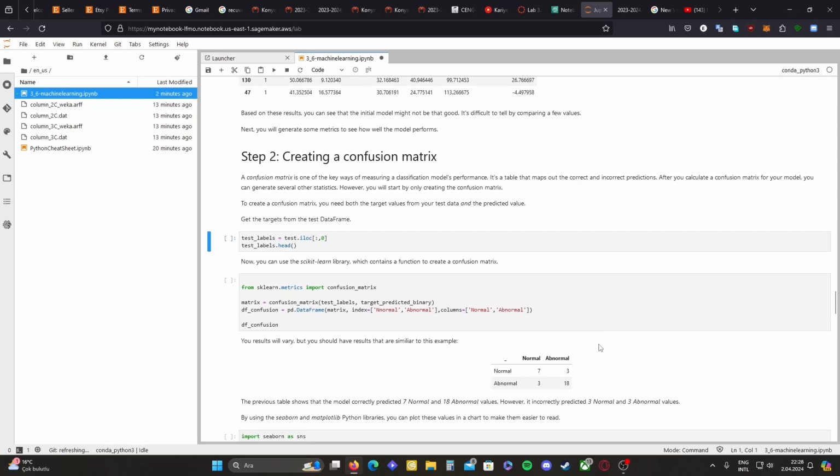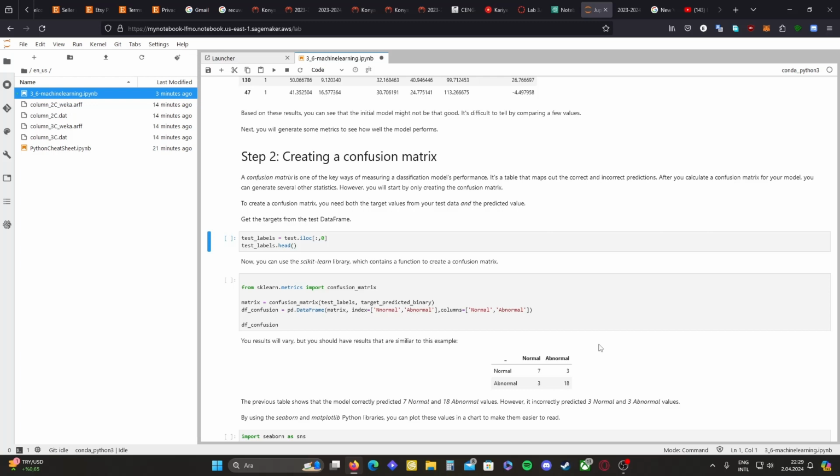Creating a confusion matrix. A confusion matrix is one of the key ways of measuring a classification model's performance. It's a table that maps out the correct and incorrect predictions. After we calculate a confusion matrix for our model, we can generate several other statistics. However, we'll start by only creating the confusion matrix.